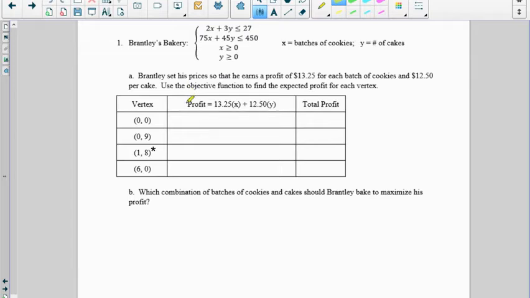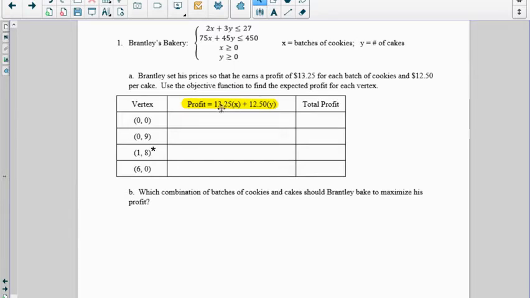So this right here in the middle of our table is the equation that helps us maximize the profit for Brantley's Bakery. Okay, that is our objective function that helps us reach our objective, which is like a goal. The goal being to make the most money, to have the biggest profit. So for each batch of cookies, he makes $13.25.